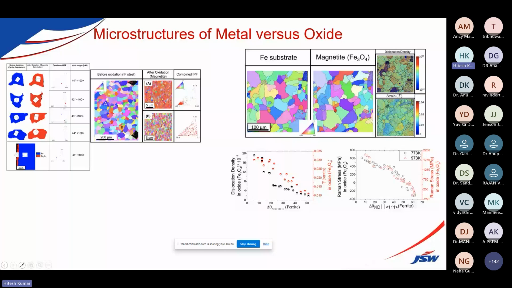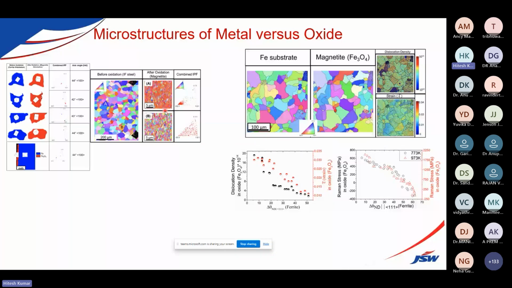So are we going to get a single grain covered with a single grain? No. Here we are going to get n number of small grains. This is magnetite, because it's a reverse transformation; the eutectoid reaction will be there. Again FeO is converted into Fe3O4 and Fe, but you will see n number of small grains. This is called reverse eutectoid, and shape memory. Sometimes it is also called texture memory.